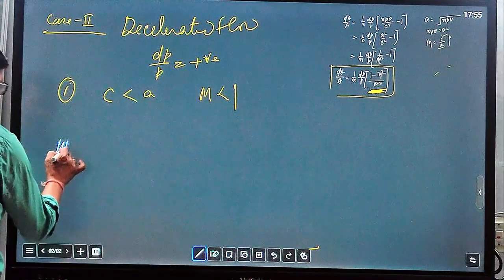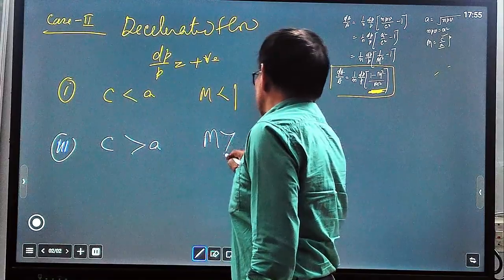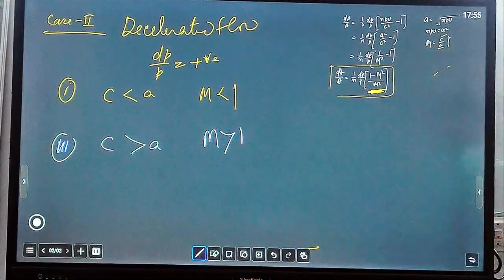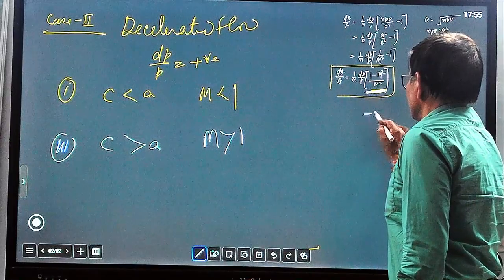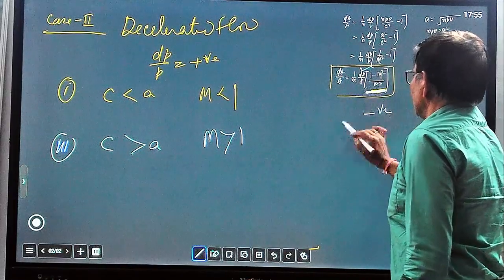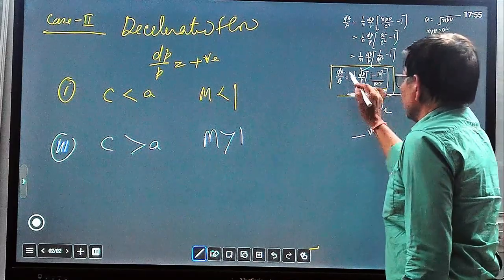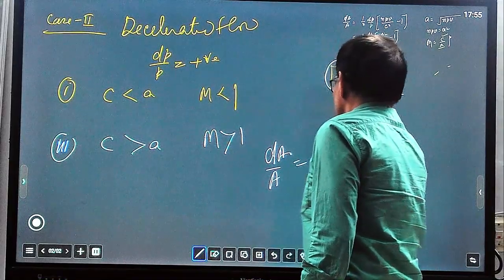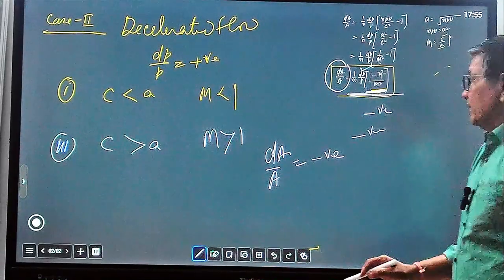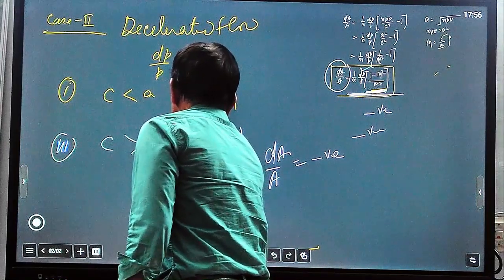Now here we will take a third case. Case third, C greater than A. In this case, Mach number becomes greater than 1. So here the value in the bracket becomes negative. We have taken dP by P positive, so the whole value on the right side becomes negative. To balance this, dA by A becomes negative. So in that case, it is a convergent diffuser.